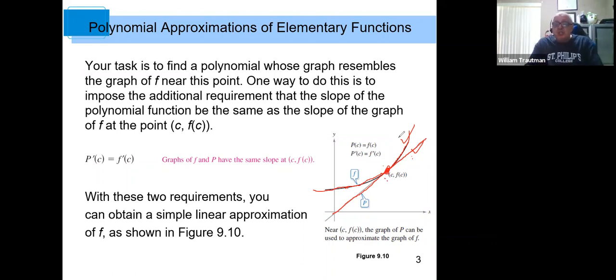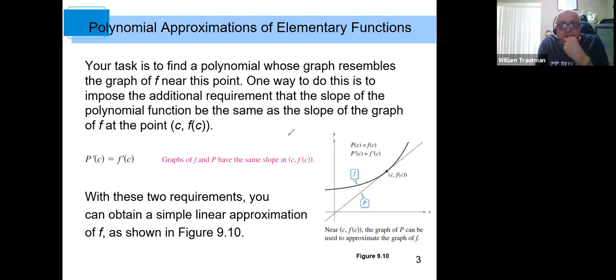Just to try to do an approximation for, like, the natural log. If we have the natural log function, we want to create a polynomial to mimic that natural log during a short span. And if we just look at this short span right here, these two graphs are very similar in that short span.